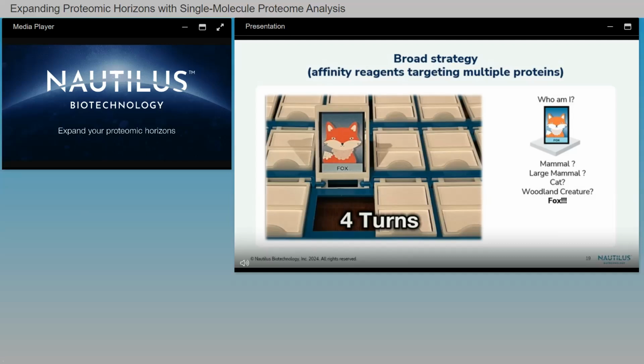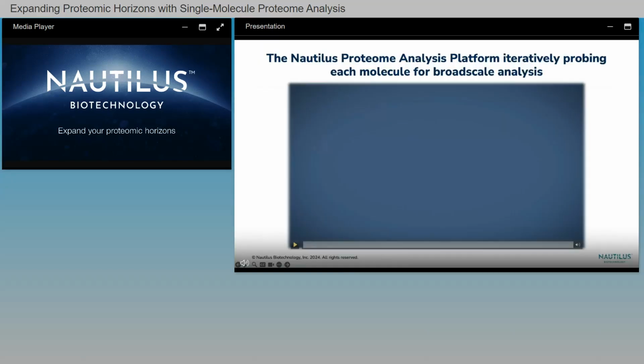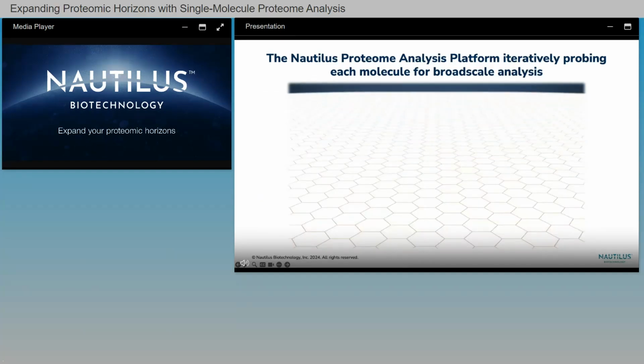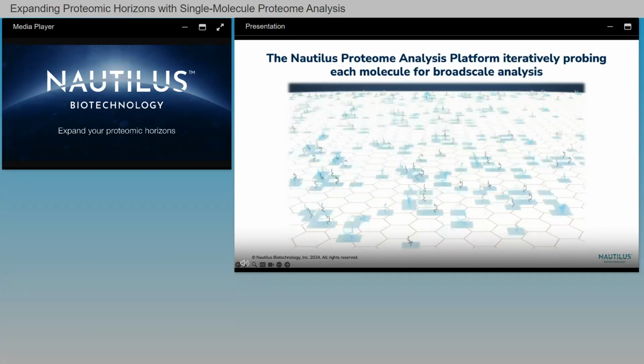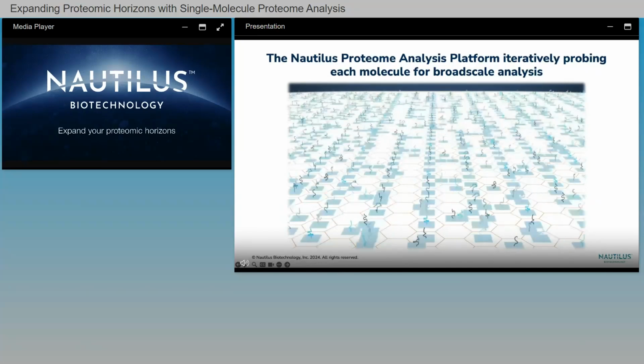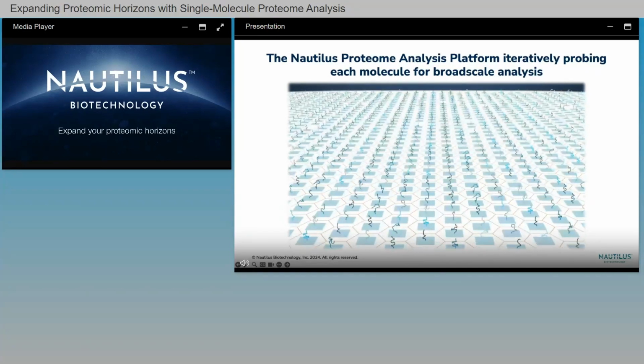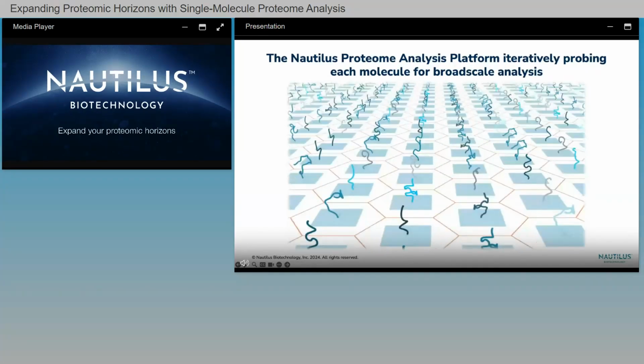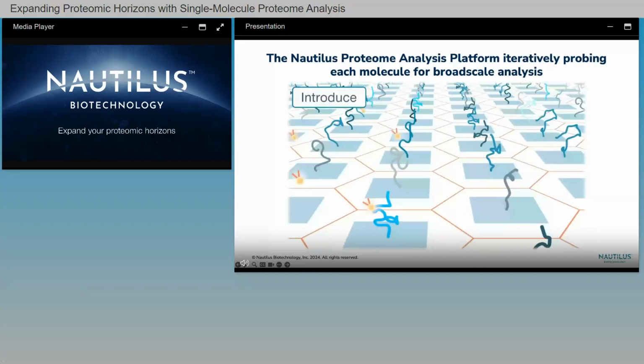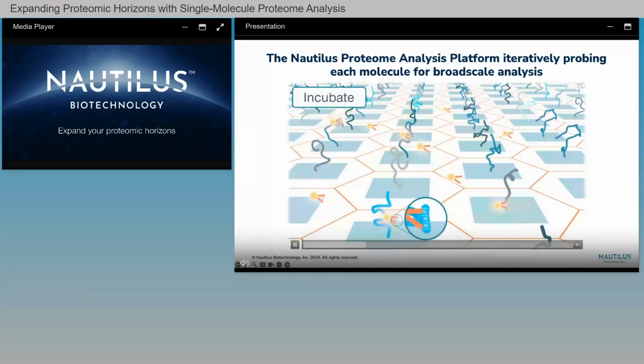Our equivalent of this is using multi-affinity reagents that are not protein specific. Instead, we use affinity reagents that target very short epitopes within proteins, typically 3 to 4 amino acids long. The workflow is very similar to what I showed you before. We immobilize our proteins. We then come in and interrogate with these very special multi-affinity probes that each recognize, again, a short epitope, typically 3 to 4 amino acids long.